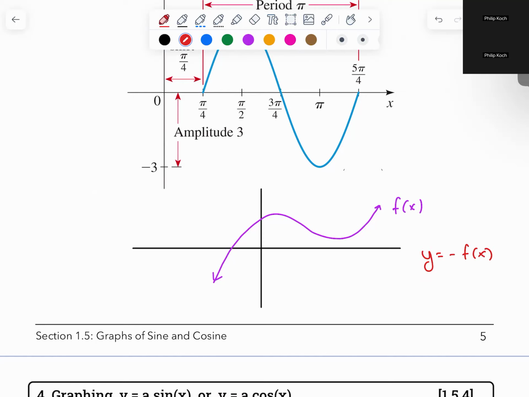That's a reflection. You might remember there are 2 different types of reflections, across the x-axis and across the y-axis. But this one is flopping the y values because it's on the outside of the function. So this one gets reflected across the y-axis.